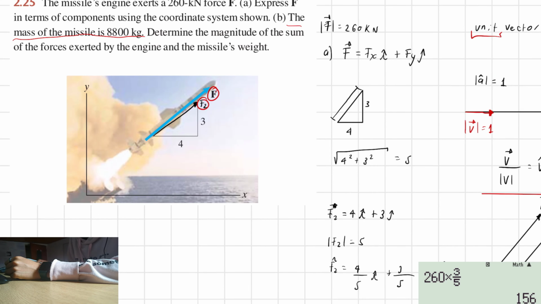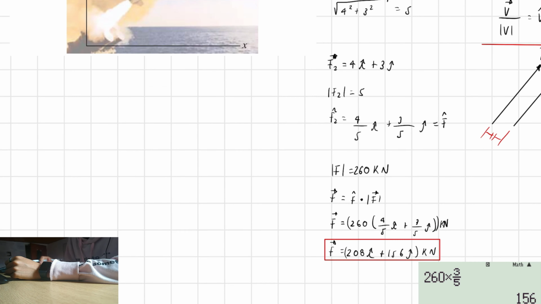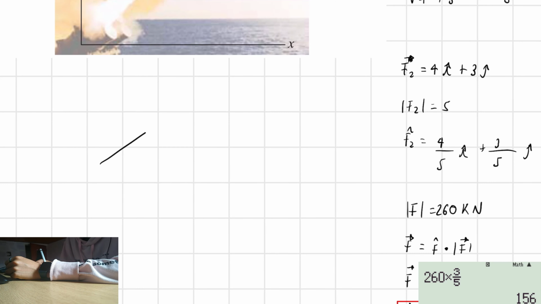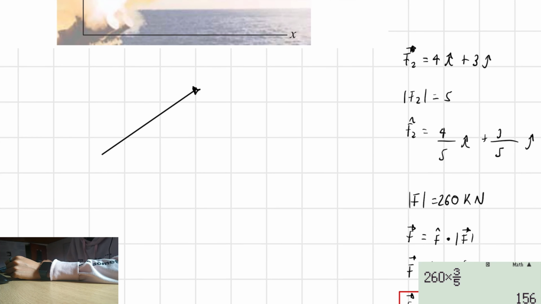Alright, so right here I have something like this. F pointing towards this direction. We already know which direction is pointing because of the components.